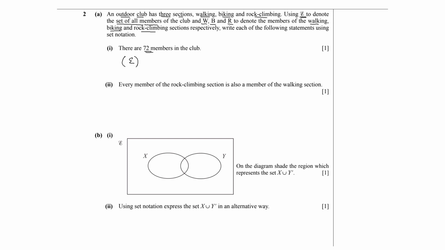So we can write n of set E, that is number of set E, is exactly equal to 72.